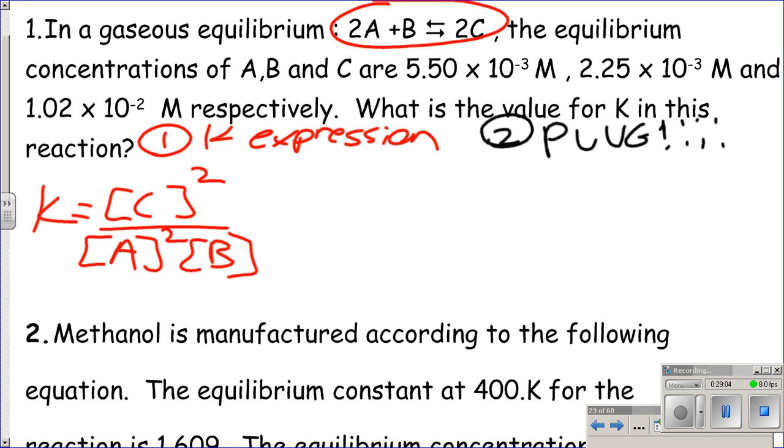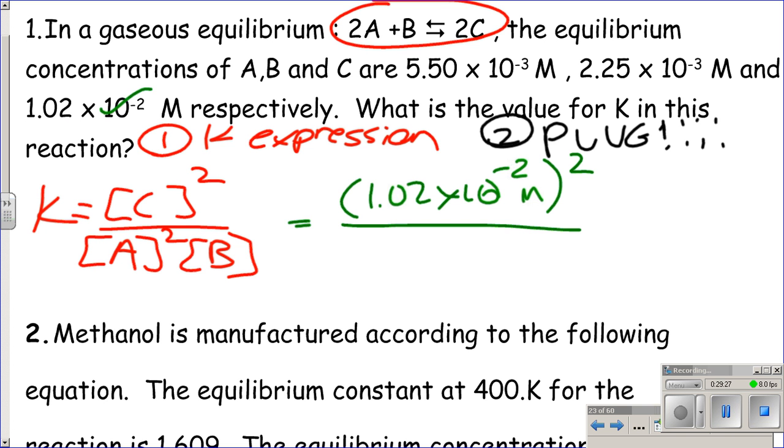This one's really easy. Tell me, what are you plugging in? 1.02 times 10 to the power minus 2. Okay, so 1.02 times 10 to the negative 2 molar, because it is a concentration. That is our C. What's wrong with this still? Squared. Make sure that you refer back to what your expression set up was.